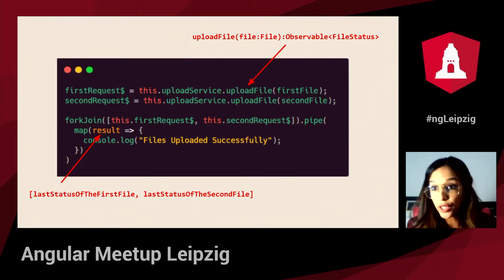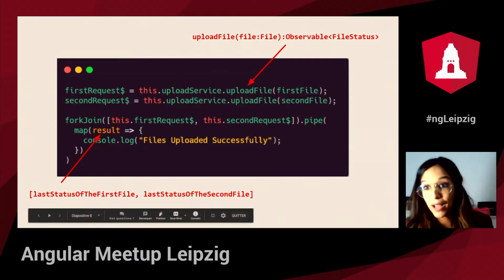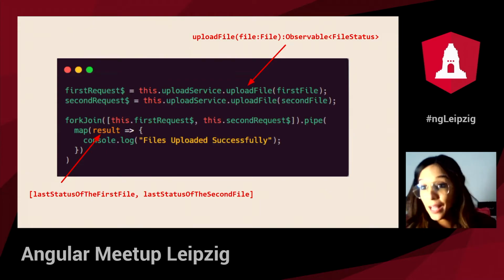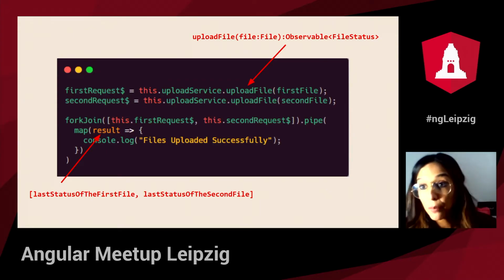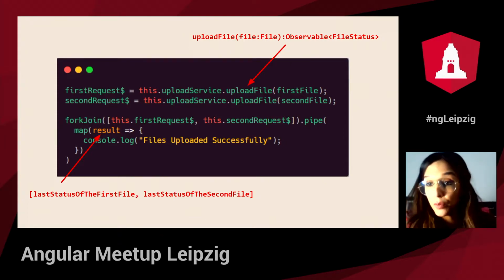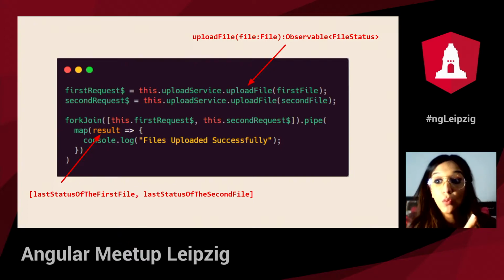In a real-world application, you will not create the streams one by one as I did now, because the number of streams will be dynamic. You don't know how many files the user will upload, or how many bulk operations the user or the application will need.